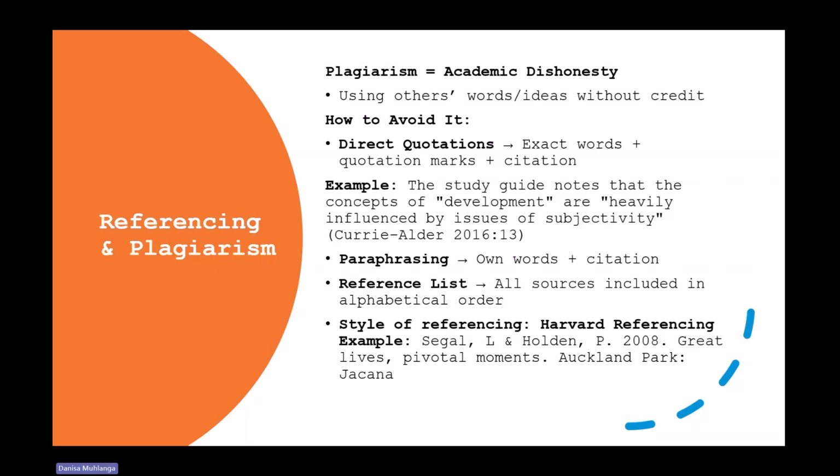When you plagiarize, it means you are using someone's work or someone's words without giving them credit, which is not okay. So your tutorial letter is very clear that you must acknowledge any information you use from a published source, right?